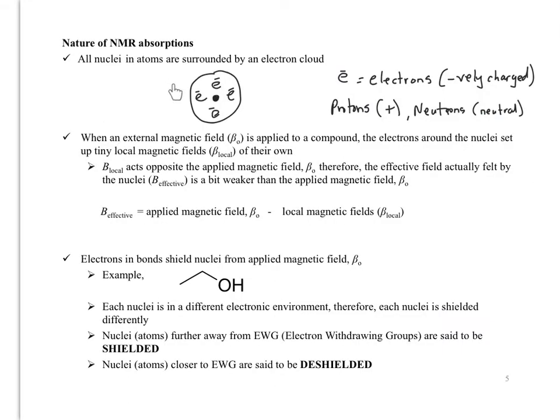So here is an example of an atom. Now within this atom, we have electrons which surround the nuclei. Now when you apply an external magnetic field to this atom, these electrons that are surrounding the nuclei set up their own tiny local magnetic fields.